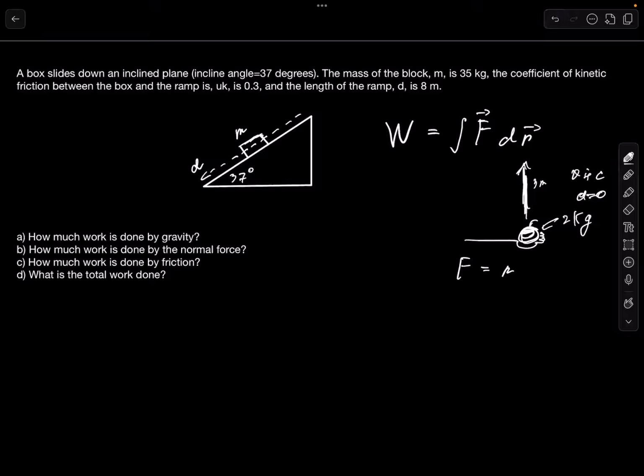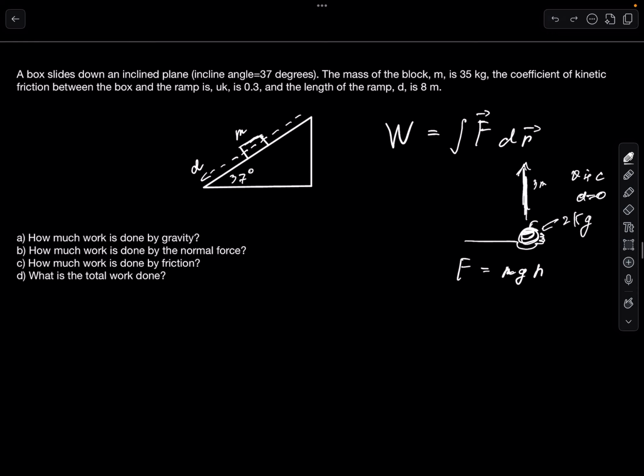Force here is mg, and then times h, that's going to be work, because h is the distance that it moves. For now, let's just focus on force and get rid of h. So force is equal to mass, 2 kilograms, times the acceleration of gravity, say 10 meters per second squared for the purposes of this analysis.